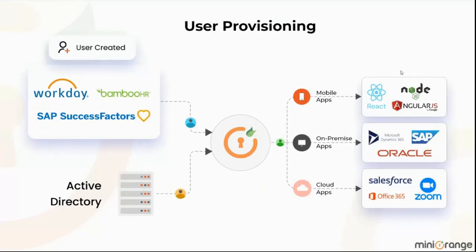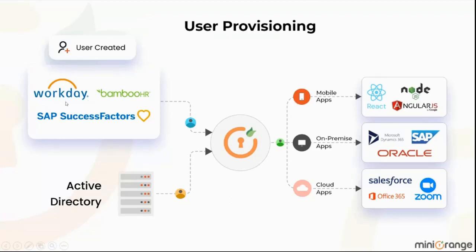This is also one of the pain points we understood over the last 2.5 years at miniOrange. With any HRMS or CRM system, when an employee joins the company, the HR or admin has to manually give that employee access to a certain set of applications. It's a completely manual process.